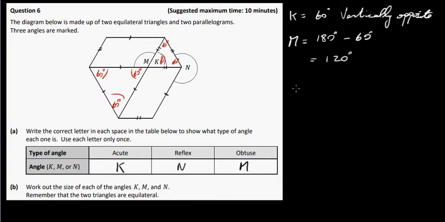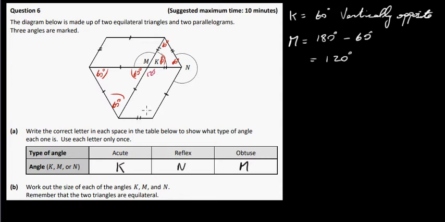N then, how do we work out N? Well, there are a couple of ways of doing this. What you can do here is, let's see, we're going to look at this parallelogram here. If this is 60 degrees, this angle here must be 120 degrees. So this is 120 degrees here.